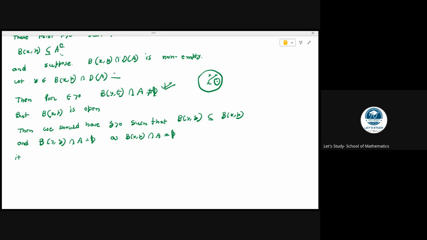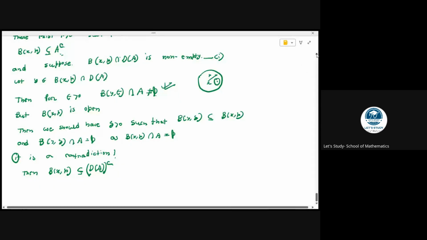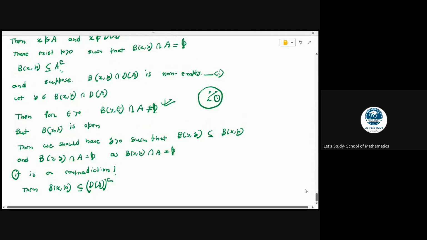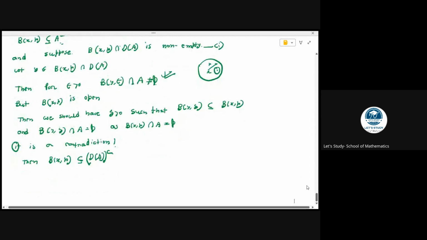So this, call it 1, is a contradiction. Then B of x comma r also belongs to DA complement.